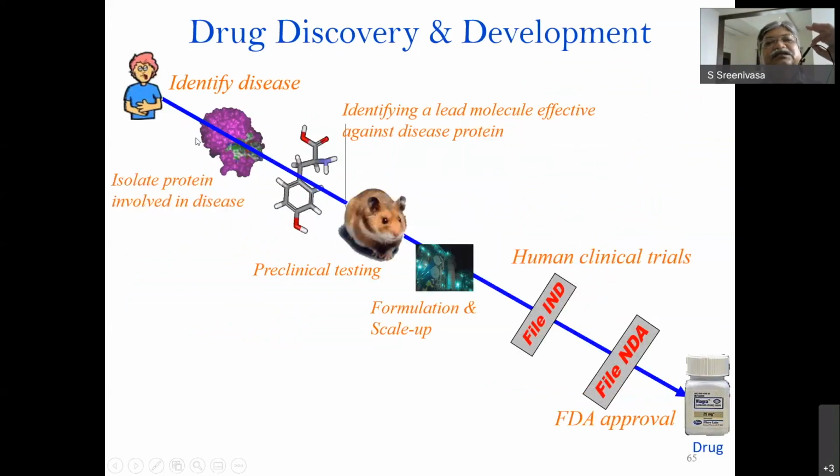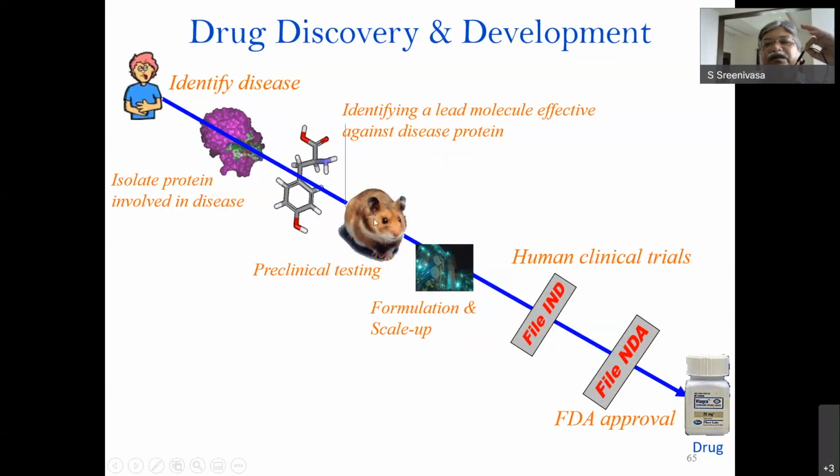Here I'll show this. This is the drug discovery process. In this modern discovery process, you identify the disease. The disease is associated with a protein. You have to identify the protein. Once the protein is identified, we have to look for a molecule which will bind to it. Very simple. If it binds effectively, then it can be used as a target for this molecule.